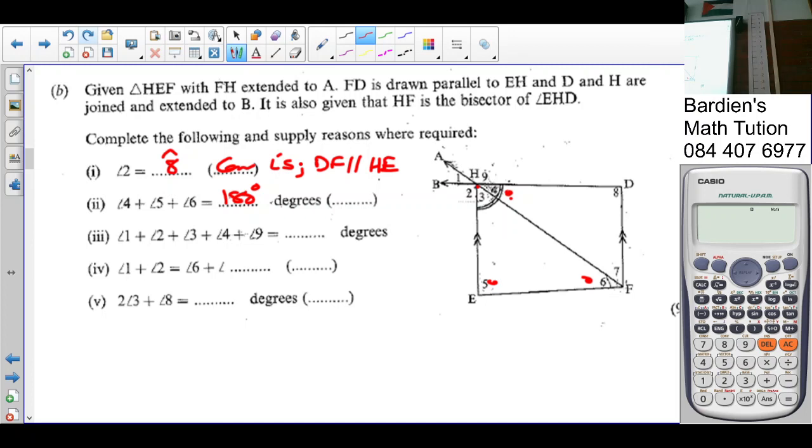You're so confused. Look here. What did they say here? HF is the bisector. So angle 3 is equal to angle 4. You see here, these angles add up to 180, not so? But this angle and that angle are the same.